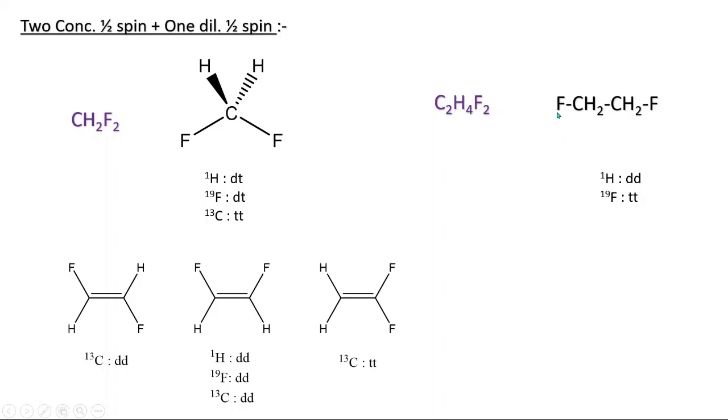So these 2 fluorines are not equivalent here. In Pople notation, it will be A prime, X prime for this molecule. So we will get a doublet of doublet for the 4 hydrogens, and a triplet of triplet for the 2 fluorines in this molecule.